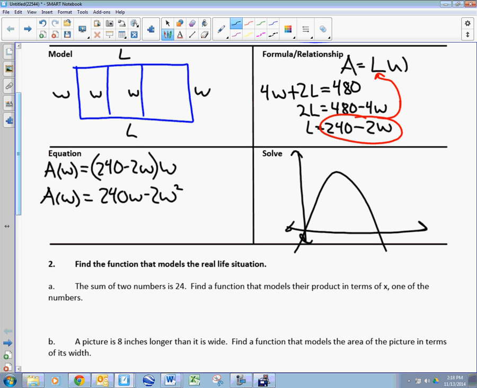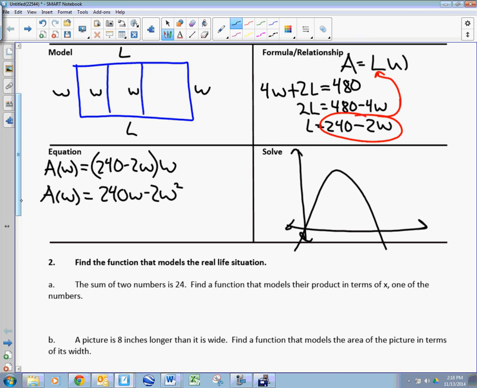So if we are trying to figure out how to maximize the area and we're looking at the shape that the function makes, which spot of the parabola are we trying to find? Describe to me, what is that point? The vertex. So we're trying to find the vertex, the location of the maximum. How do you find the vertex? Negative b divided by 2a.